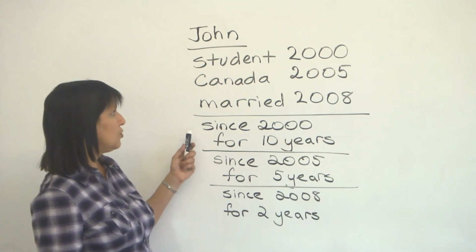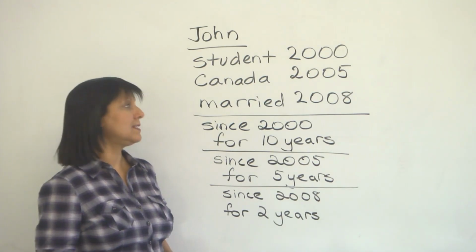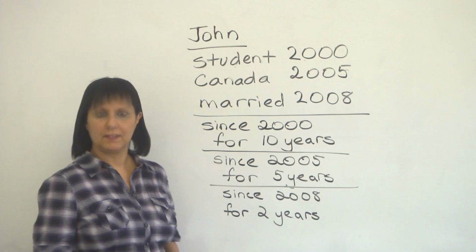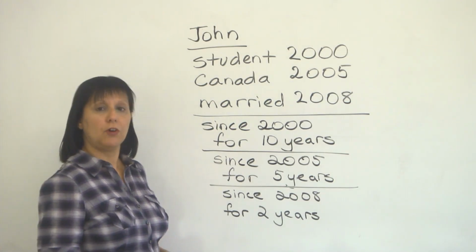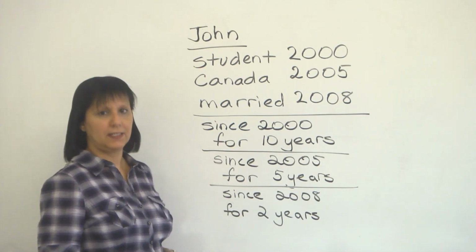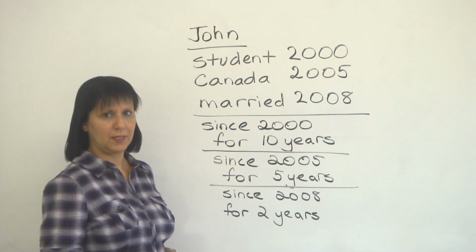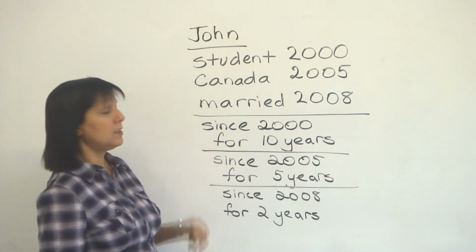All right? So we could say, John has been a student since 2000. Let's say that the year is 2010 now. We could also say, John has been a student for 10 years. Correct? Okay? Did you get that? Let's take another example.